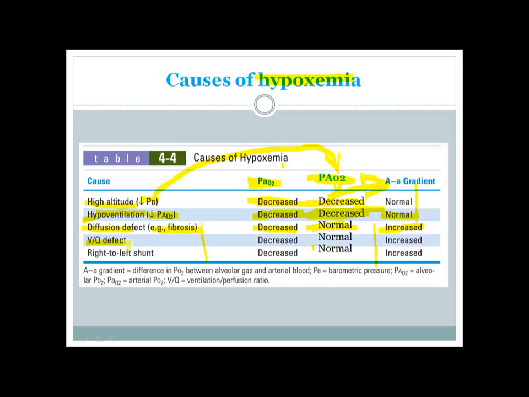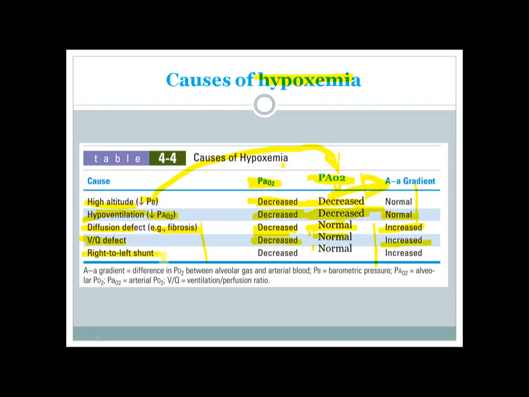In case of a VQ defect like pulmonary embolism, the blood does not properly go through the lungs, so some parts of the lungs are ventilated but not perfused, so there is a perfusion defect and a functional dead space, leading to a normal partial pressure of oxygen in the alveoli but a decreased partial pressure of oxygen in the arterial blood. So the A gradient is increased.